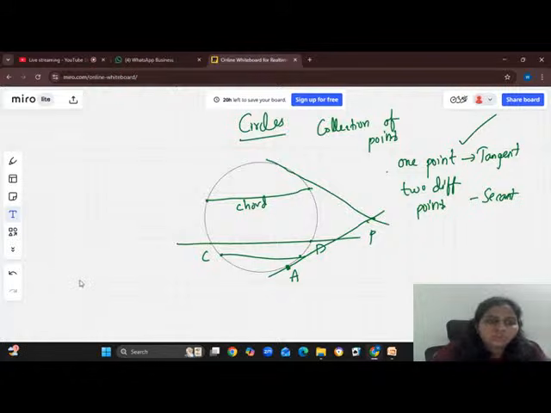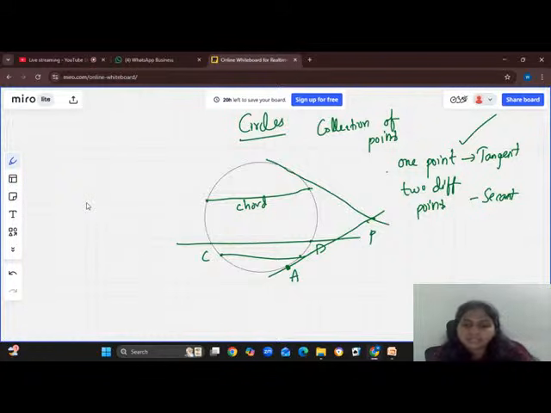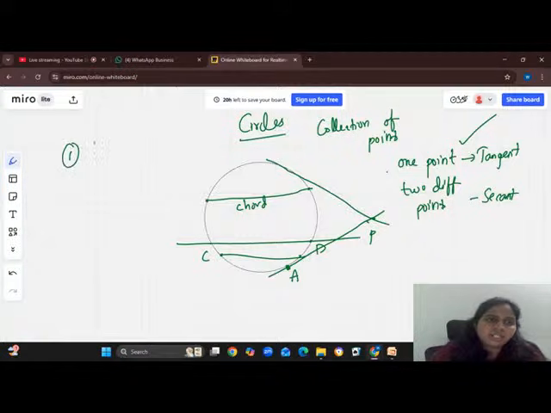So the first, very very important theorem is that the length of the tangents are always equal when drawn from an external point.